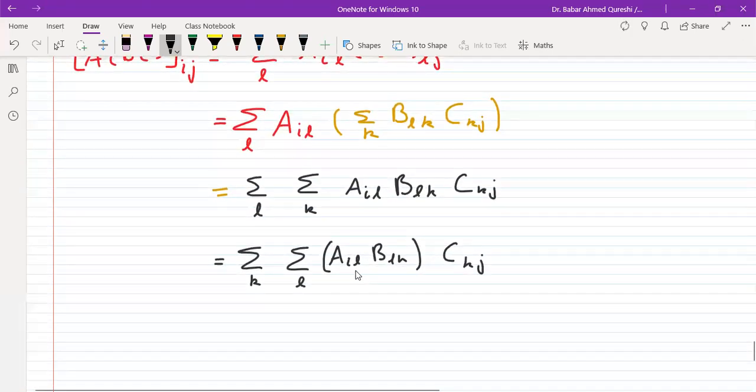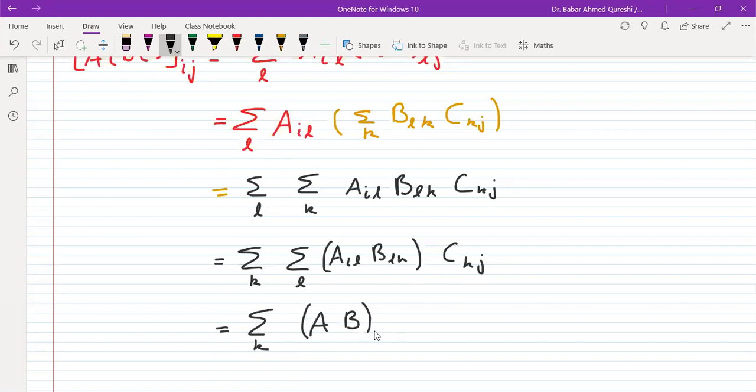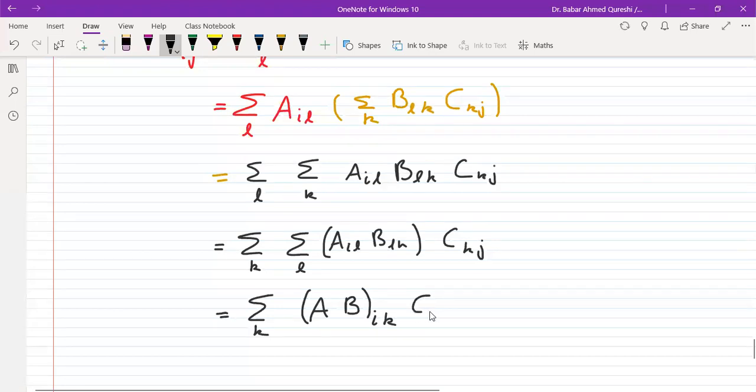But here I have a repeated index l, which is being summed. So this is just the ith, kth component of the product AB. That was the definition of the product. And I have C_kj here.